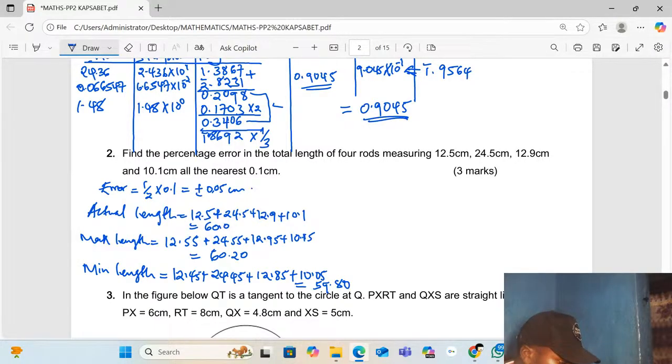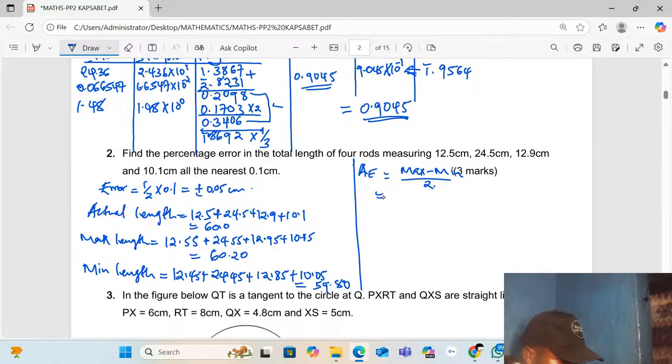So that we now find the percentage error. To find the percentage error, we first of all look for the absolute error. And absolute error is equal to maximum minus minimum divided by 2.